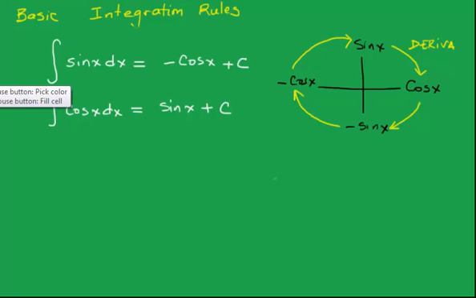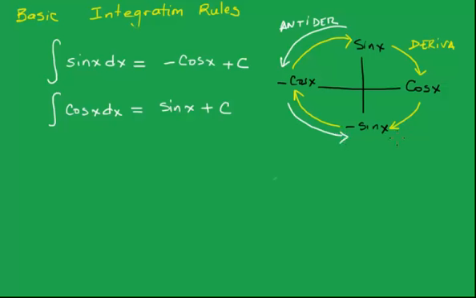For the antiderivative, you go counterclockwise. For example, an antiderivative of sine x is negative cosine x. So the white one is antiderivative, and an antiderivative of negative cosine x is negative sine x, and so on and so forth.